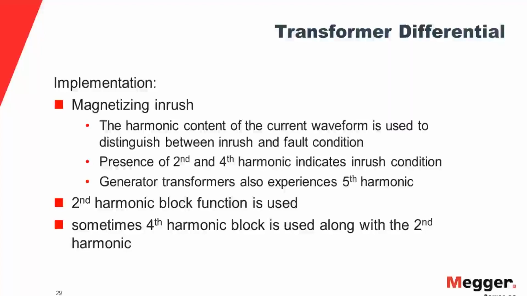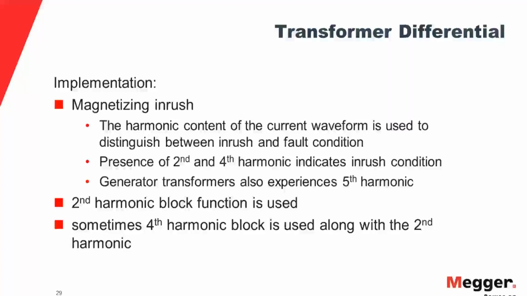When you charge the transformer, you will see a high amount of current flowing through the transformer. The high current, or the inrush current, is supplied from the nearby generating stations if it is connected to a generator, or from the grid itself. How do I differentiate the inrush condition from an external fault condition, or from a normal operating condition?